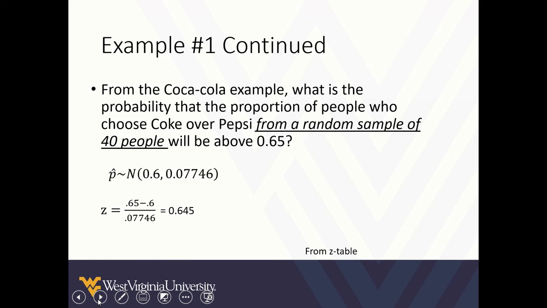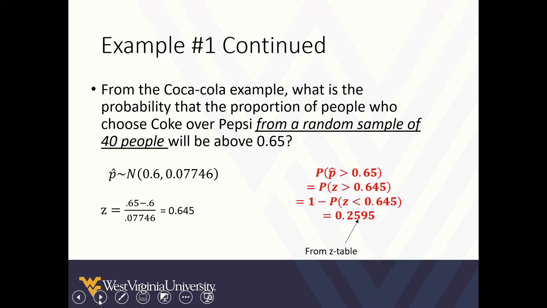So for us, we established in the previous slide that p hat approximately follows the normal distribution with mean of 0.6 and a standard deviation of 0.07746. Plugging into our z-score formula, z equals 0.65 minus 0.6, all divided by 0.07746. So this is going to give us a z-score of 0.645.